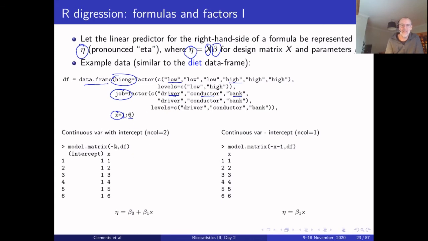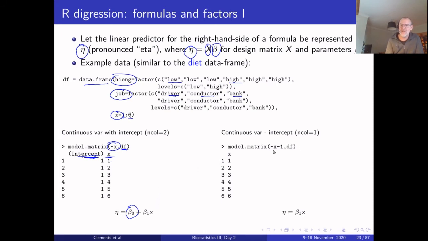And now if we do a model matrix from the formula tilde x from this data frame, we get an intercept term and a continuous term, and the linear predictor eta is equal to beta naught for the intercept term and beta 1 times x for these values here.